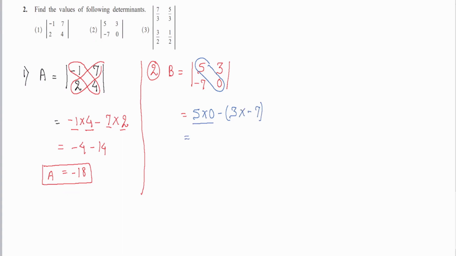So this will be 5 into 0, 0. Minus 3 into -7, so it will be -21. Minus minus plus, so we'll get answer 21. So the value of determinant B will be 21.